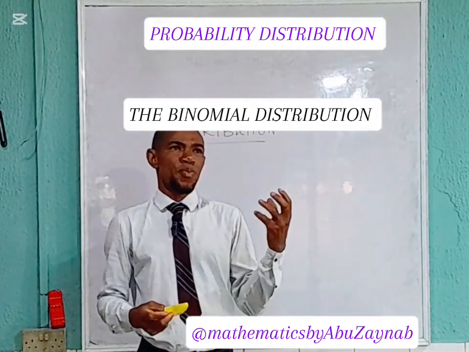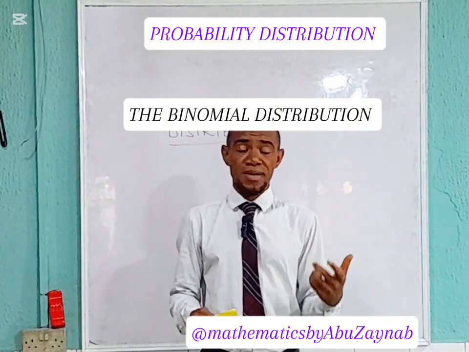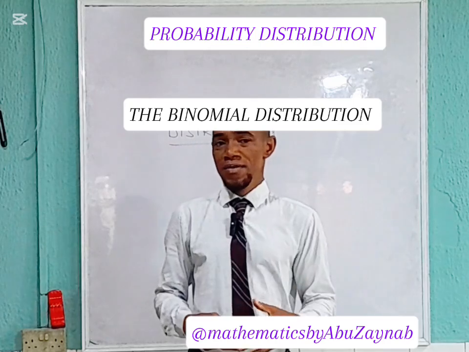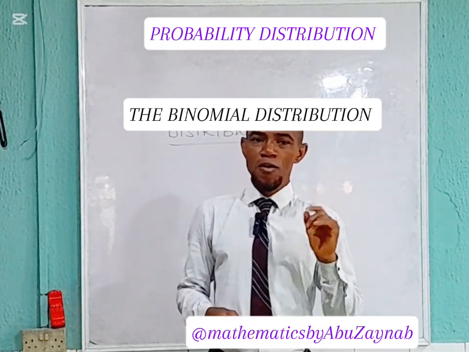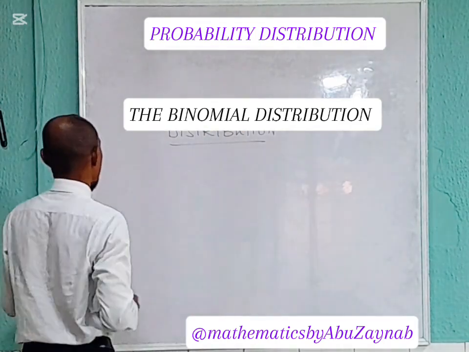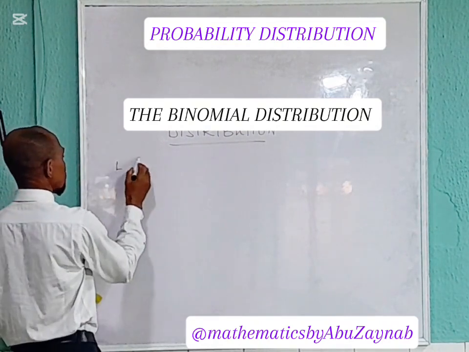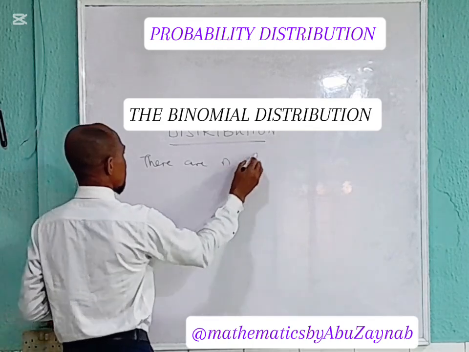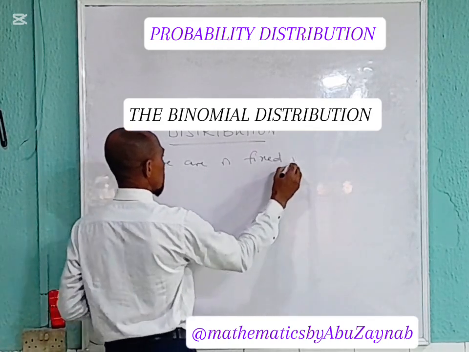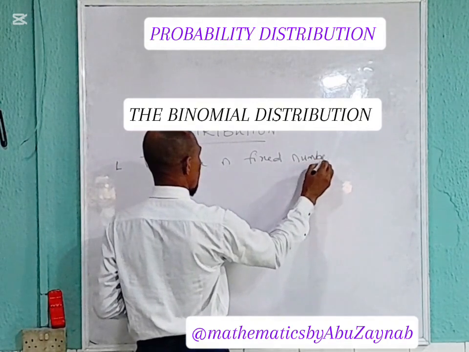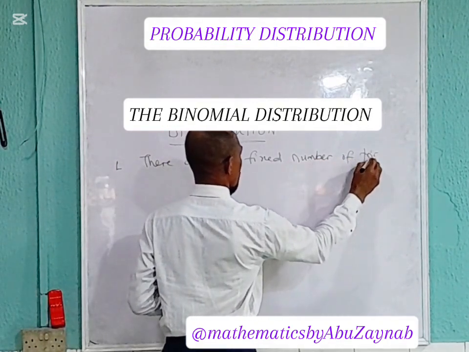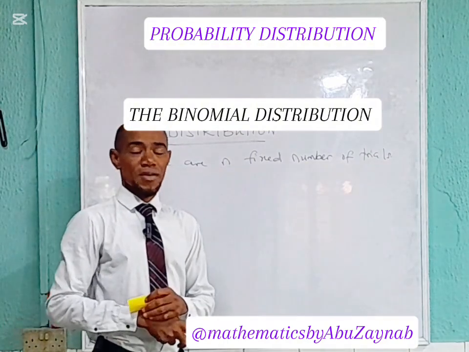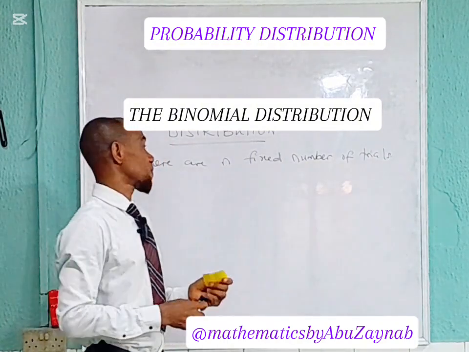There are some properties or conditions that must be met before you can identify a distribution as binomial. As a matter of fact, there are 4. The first property to be met is that of n fixed trials. There must be a definitive fixed number of trials of an experiment to start with.